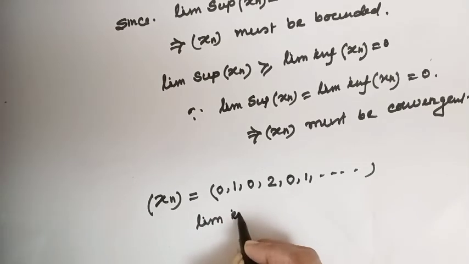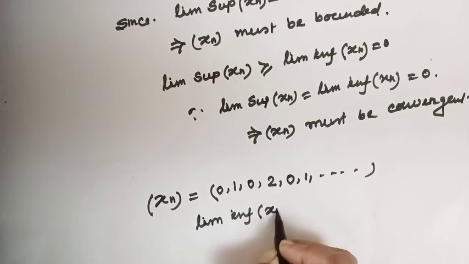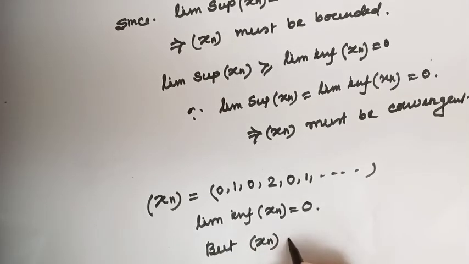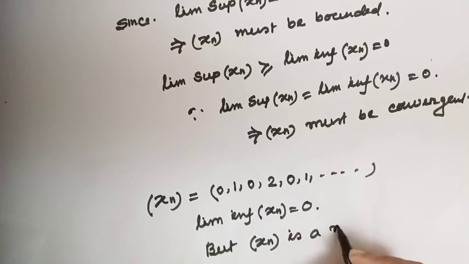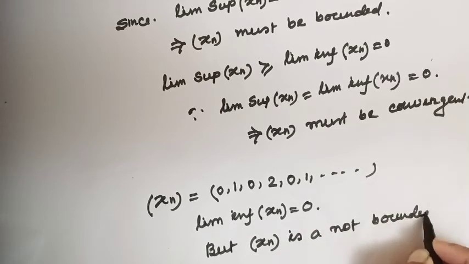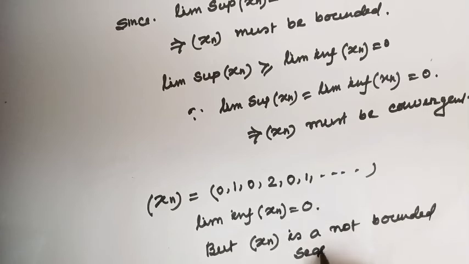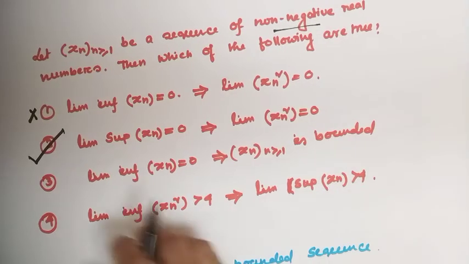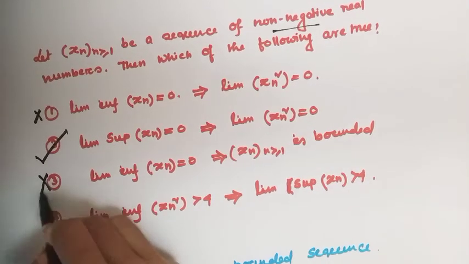Limit inferior of xn equal to 0. But the sequence xn is not a bounded sequence. So, option 3 is a wrong option.